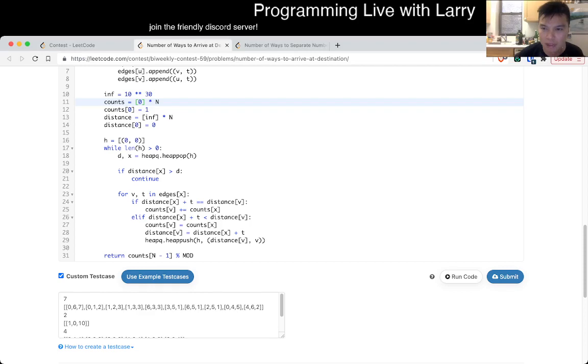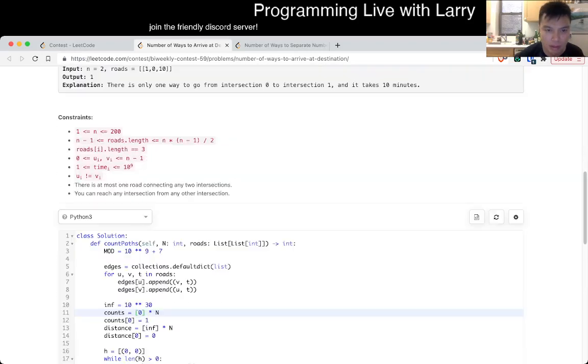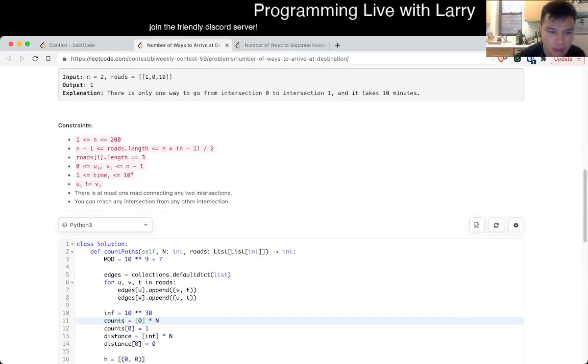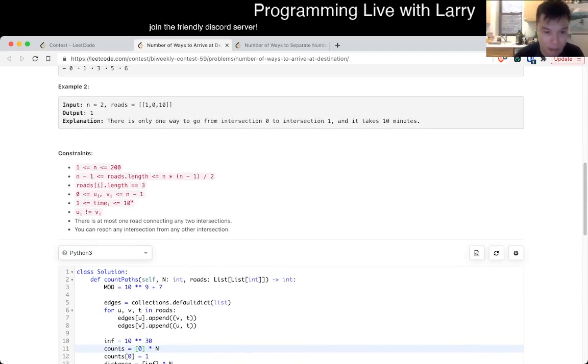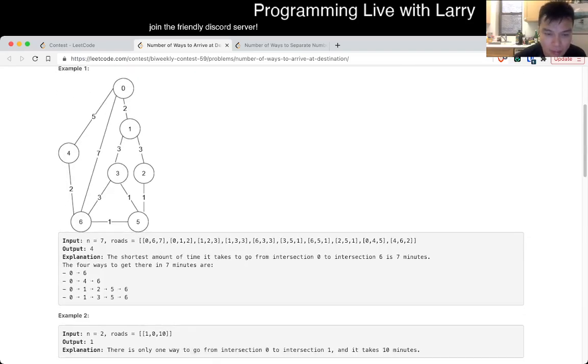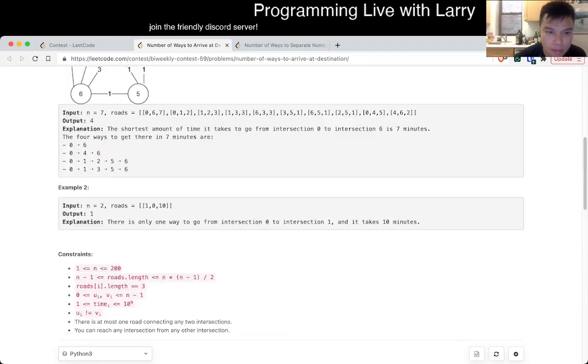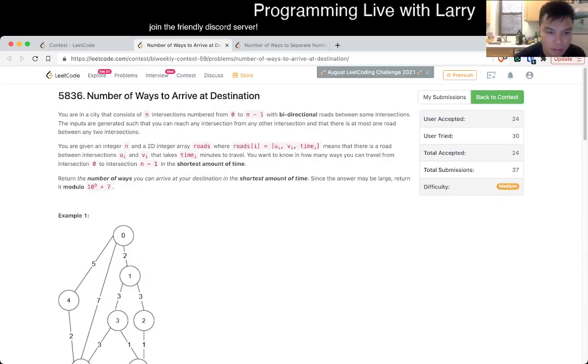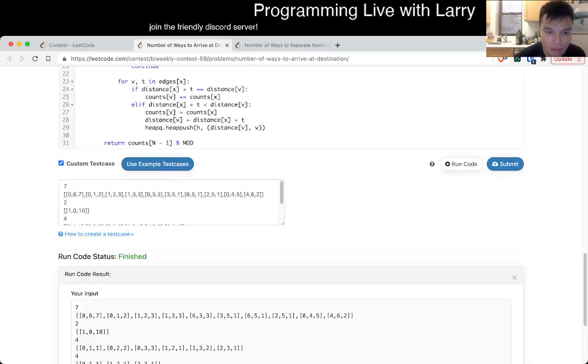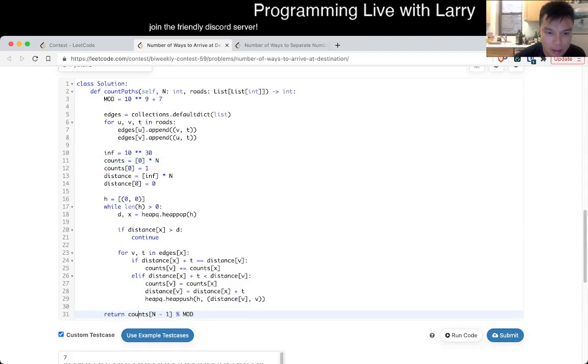This is so sad because I got this pretty quickly, so must be some silly things too. Maybe not that quickly, but I didn't forget mod. Yeah, I had this before.